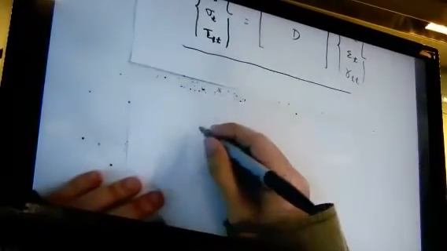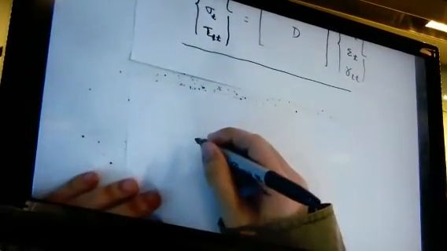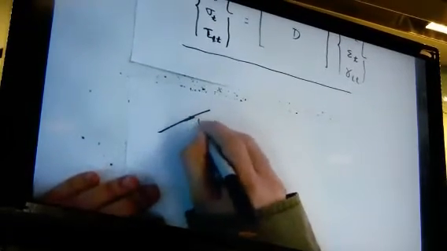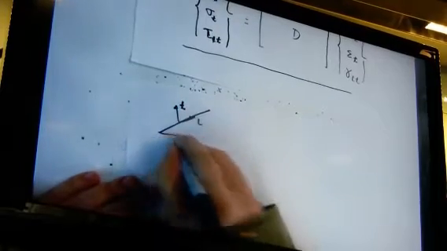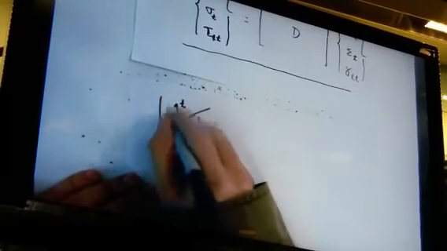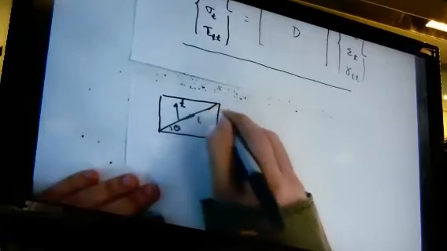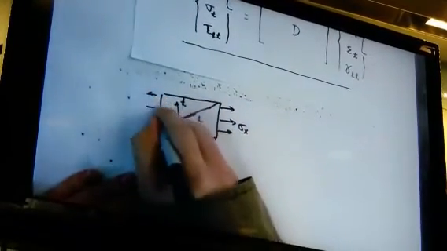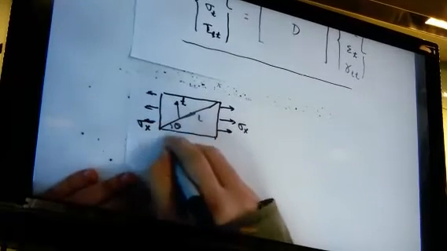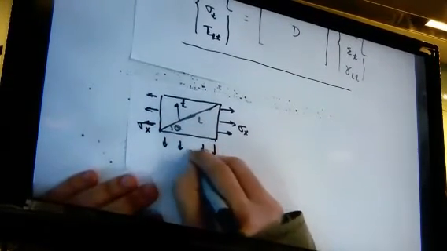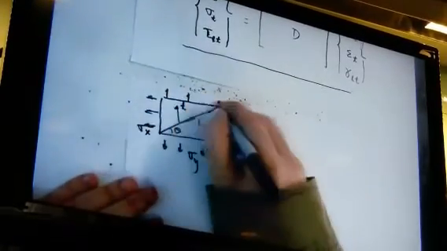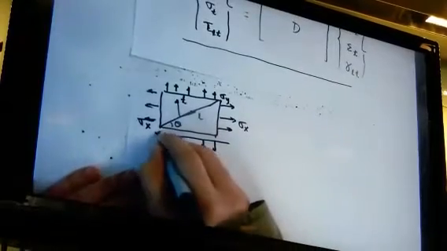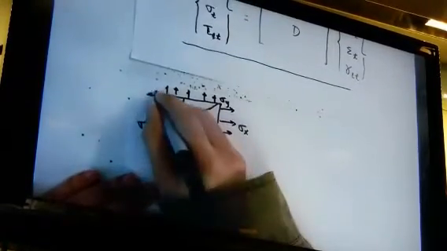And then we need to use something we have learned in 321 for mechanics of materials. When you have something like this, L and T, this is the inclined angle, right? And you have sigma x, sigma y, and also tau xy.